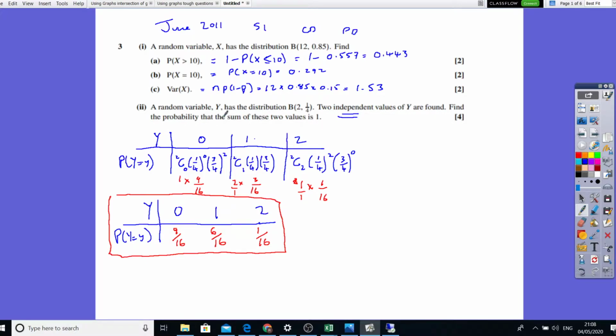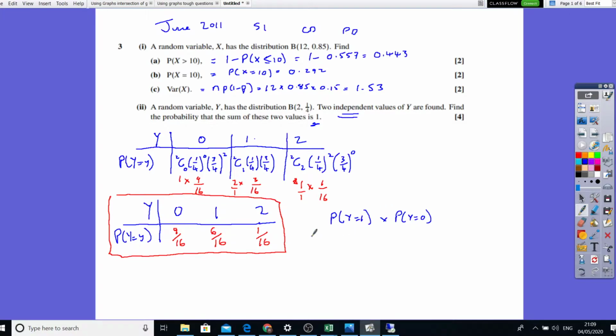Find the value that the probability of the sum of 2 values equals 1. So what this is implying is that you could get y equals 1 on the first try, but on the second one you must get y equals 0, because the sum of the successes must add up to 1.